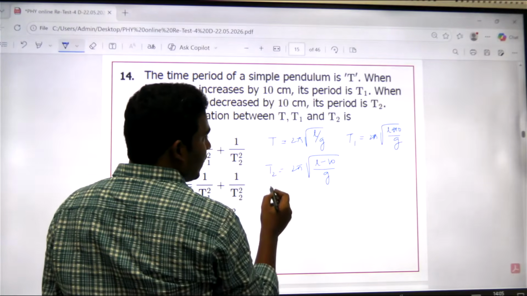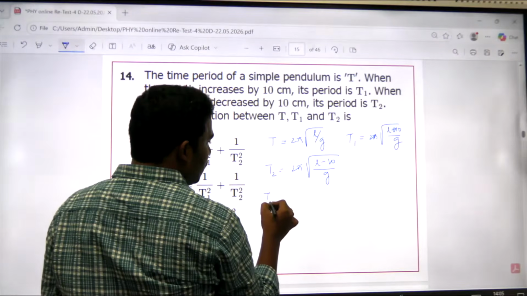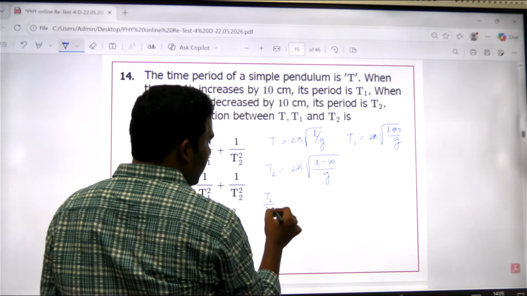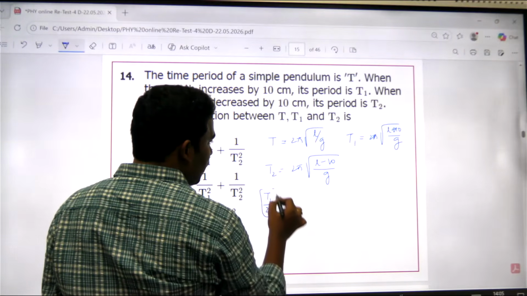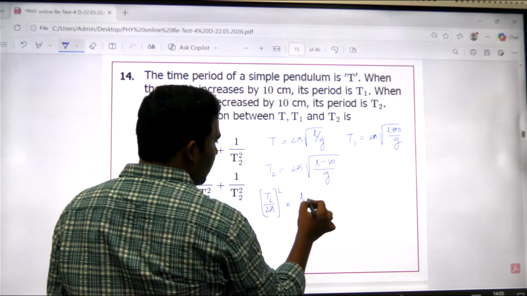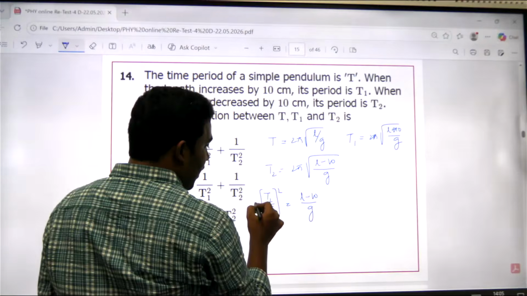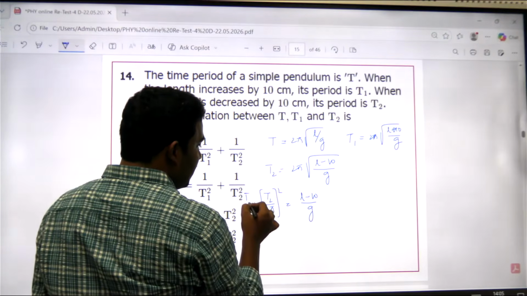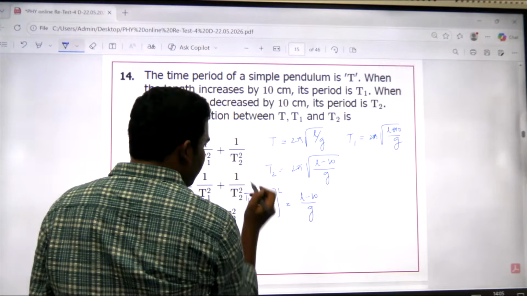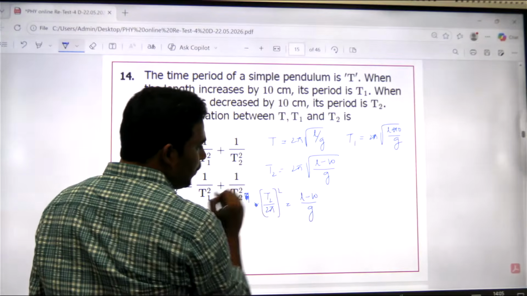So we can write (T2 by 2 pi) whole square equals (L minus 10) divided by g. Just keep it, don't multiply.